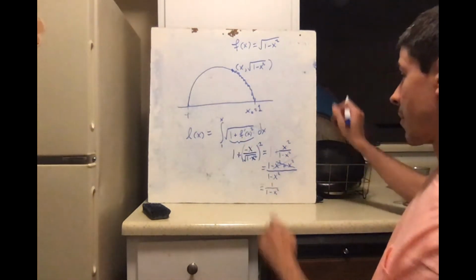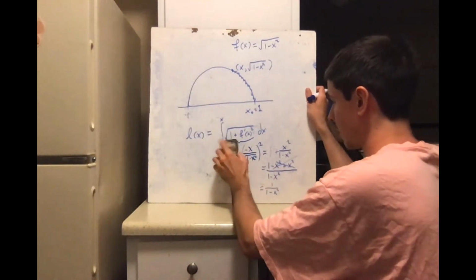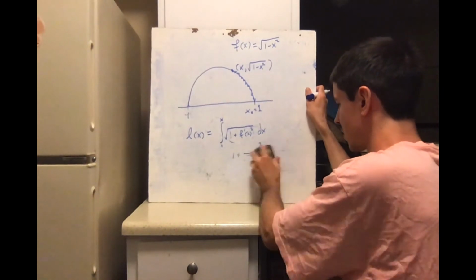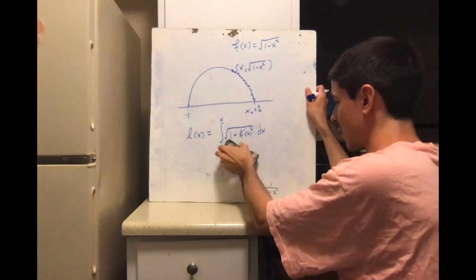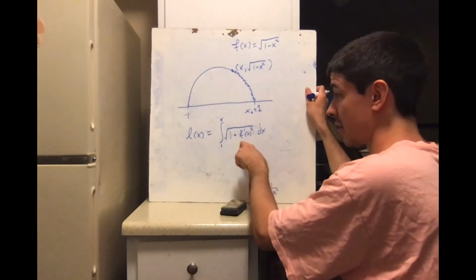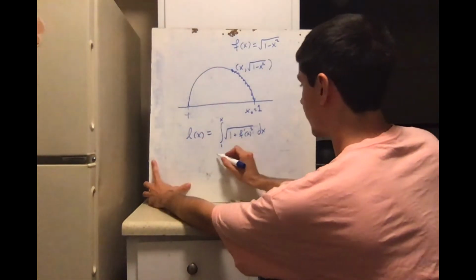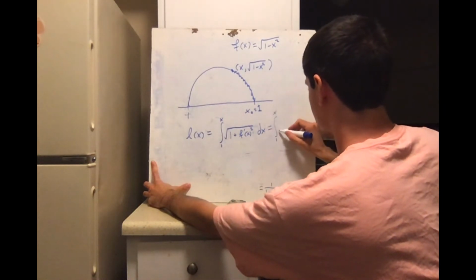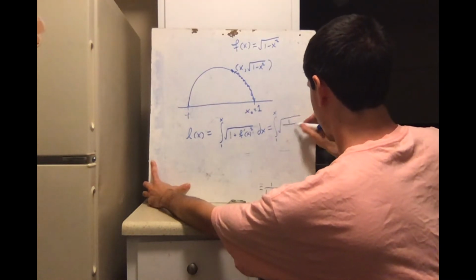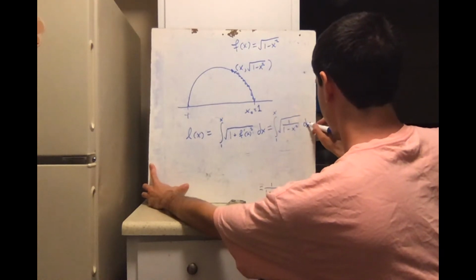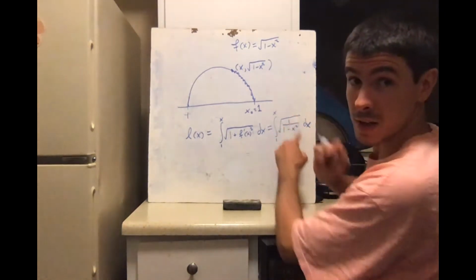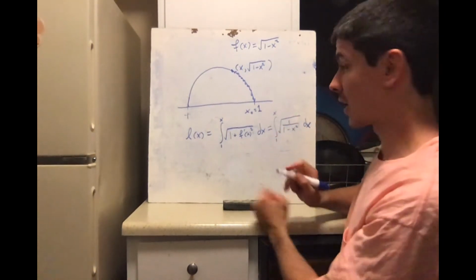Okay? So I'm going to erase this stuff now and just put the square root of 1 over 1 minus x squared in place of the square root. And of course this, you can switch the order of taking fraction and square root.